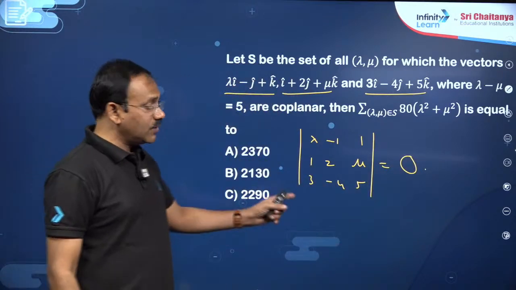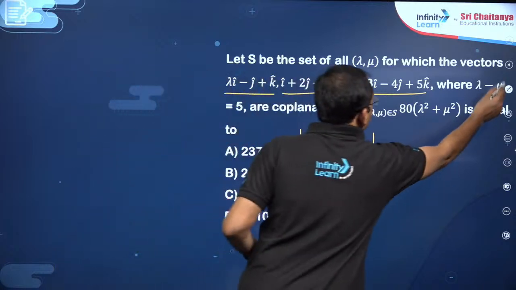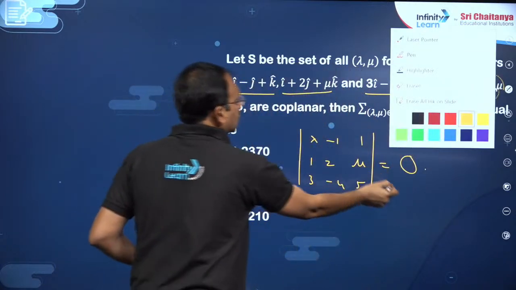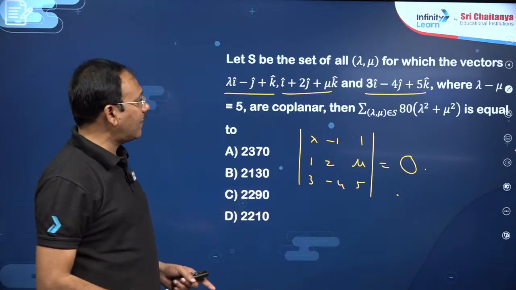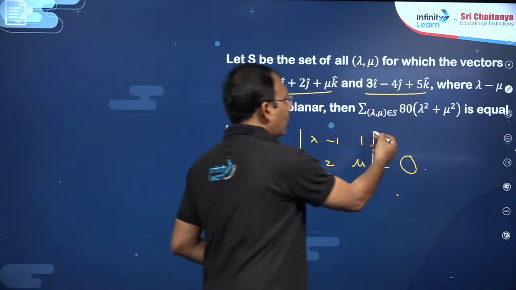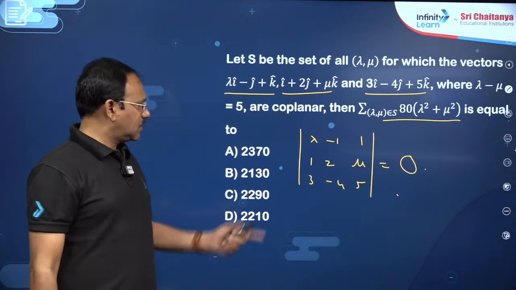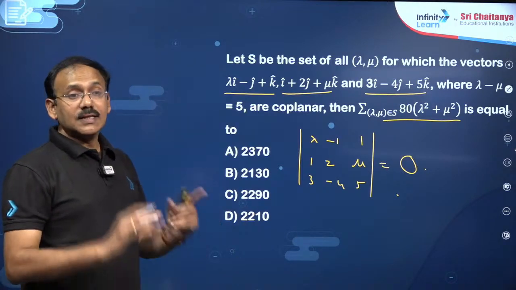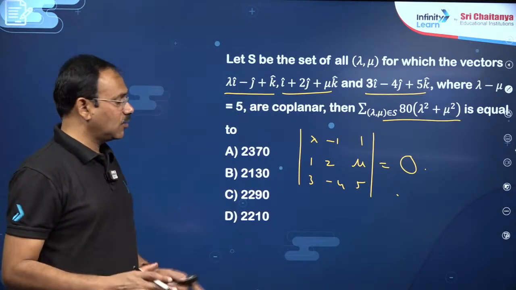From this, my dear friends, you will get a linear condition in lambda and mu. Of course, there is another linear relation, lambda minus mu is equal to 5. So from these two, you can find lambda value and mu value. So for all such possibilities, you have to find this simplification, my dear friends. This is all a matter of simplification. 3 vectors coplanar means box is equal to 0, det is equal to 0.